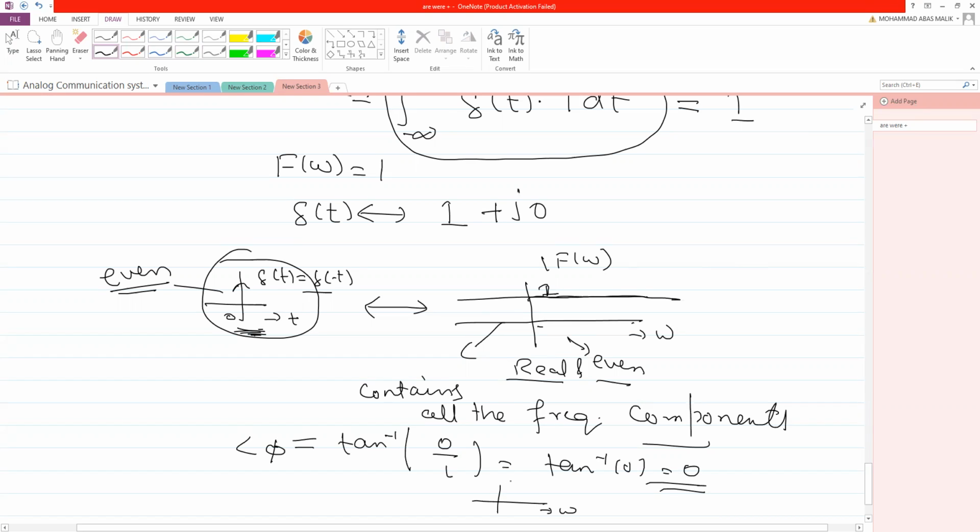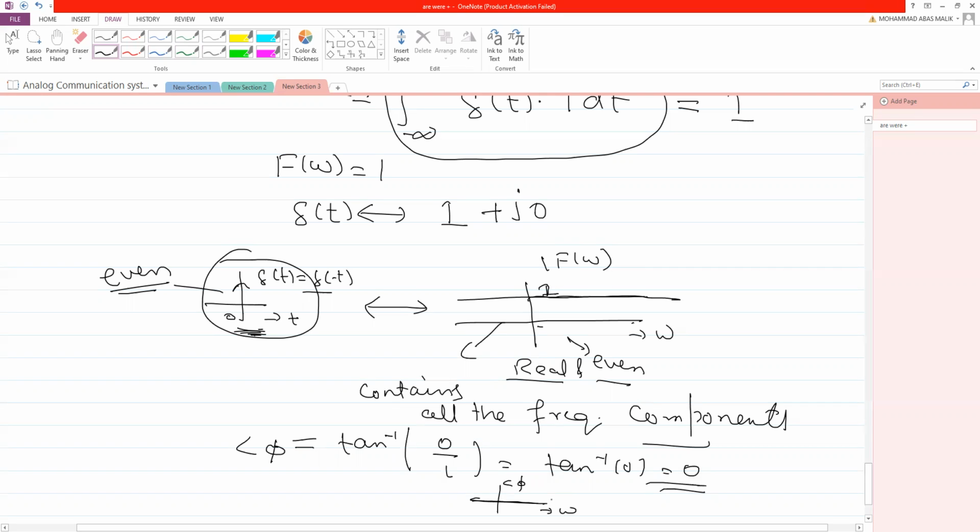That means it will not contain any phase value. It's 0, like this. Got it? So you can say delta of t has all the frequency components from 0 to infinity, and all these frequency components have a uniform value equal to 1.